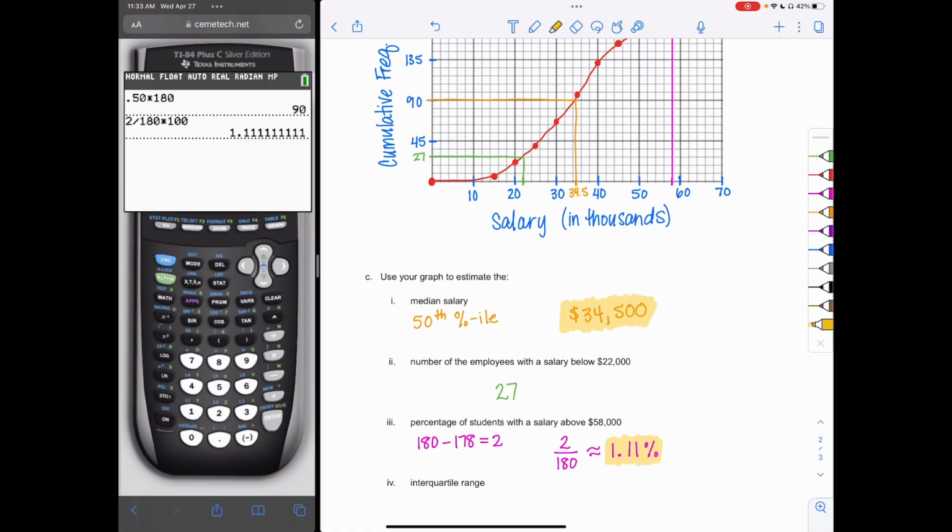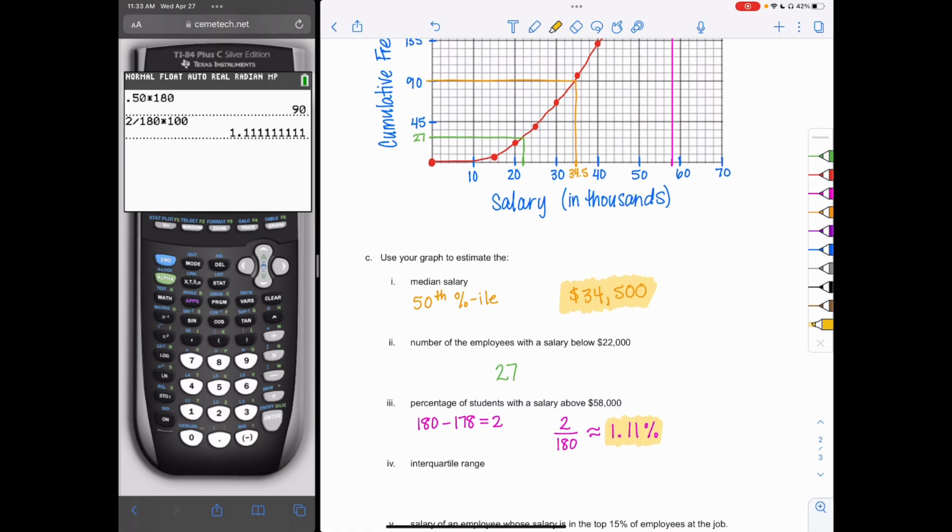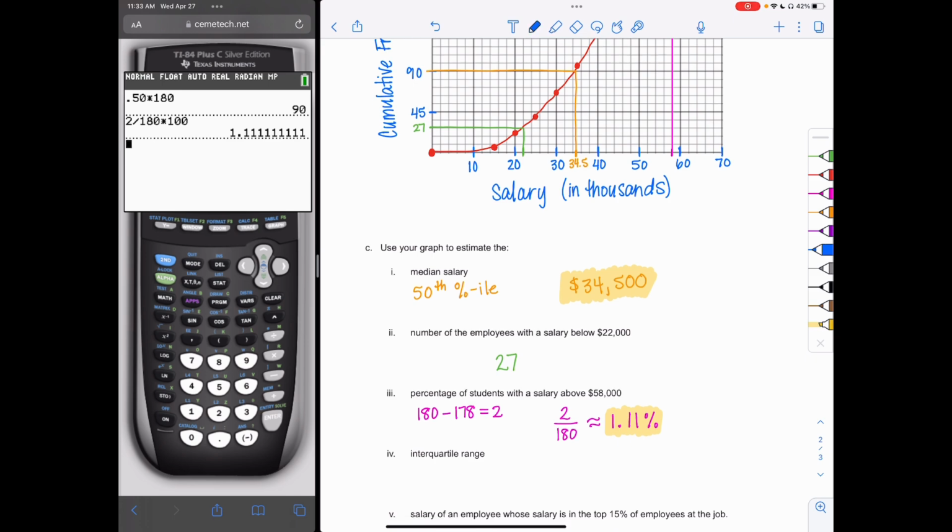So the next part, I want to find my interquartile range, which means I need to figure out what my Q1 and my Q3 is. So we need to remember that Q1 represents the 25th percentile. Our Q3 represents the 75th percentile.